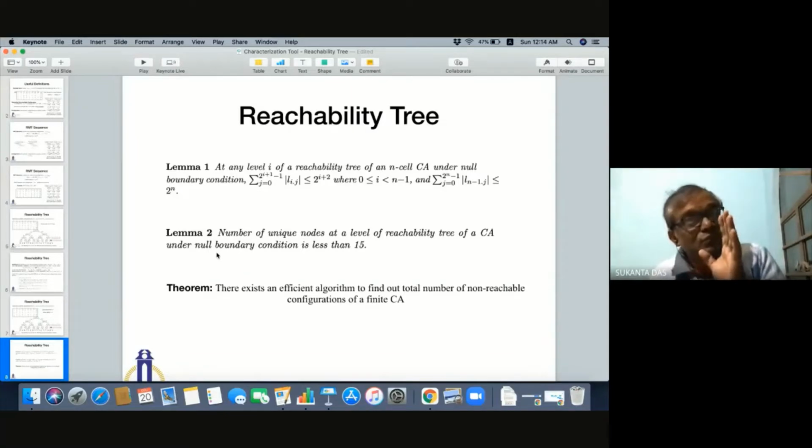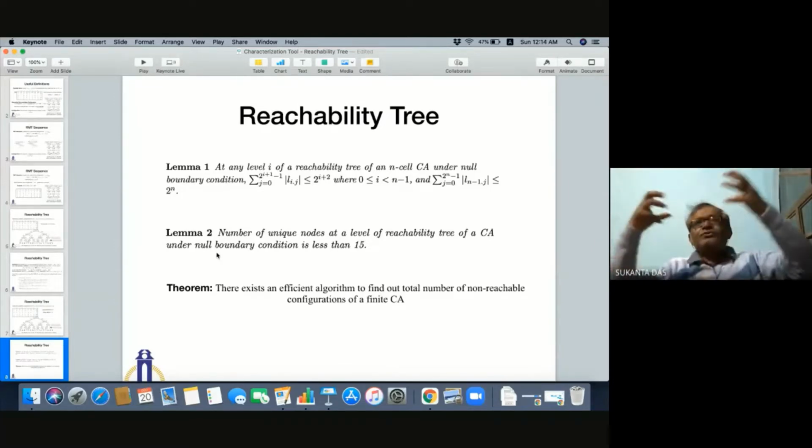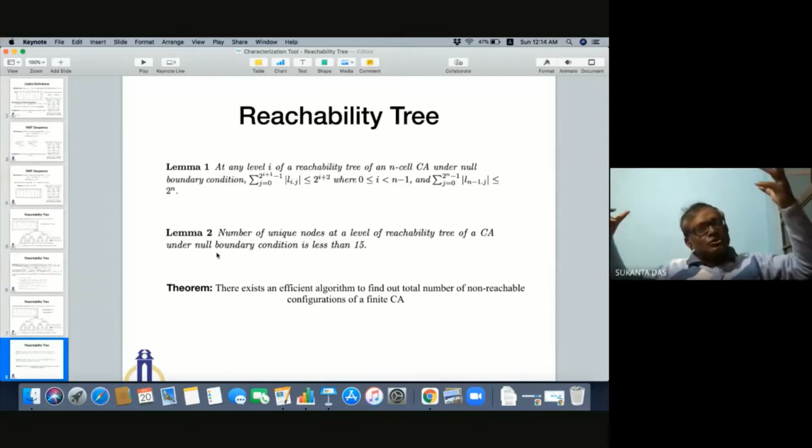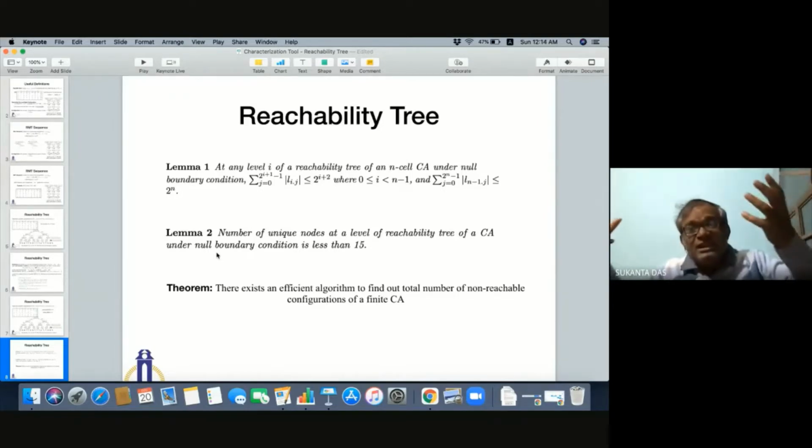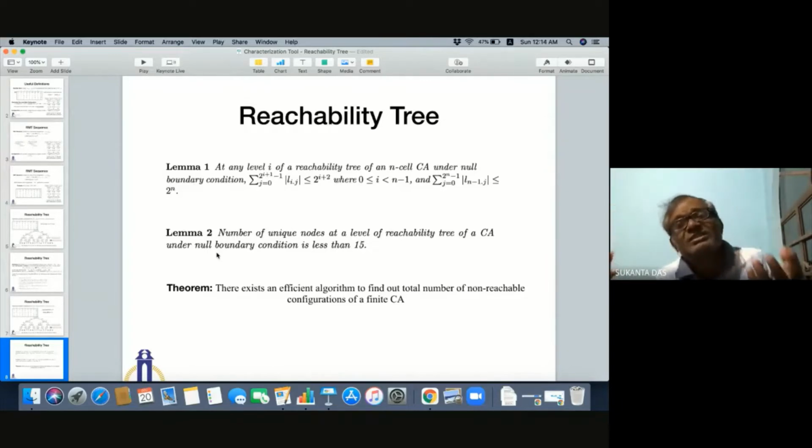So the number of unique nodes for non-uniform ECA with a null boundary condition can never exceed 15. So if two nodes are the same, two subtrees will be the same. The information rooted at the same subtree will be the same. Therefore, on many occasions, we can proceed with a single subtree.